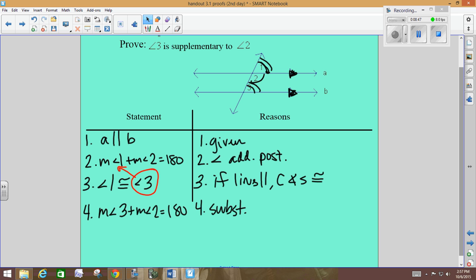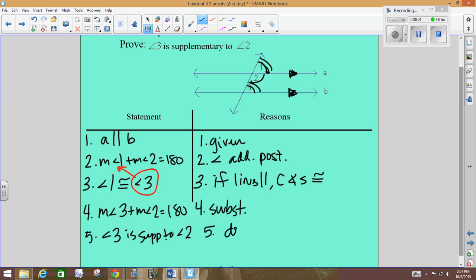The last step should always be verbatim, what this thing says. Well, if 3 plus 2 equals 180, are they supplementary? Okay, so we're going to say number 5 is supplementary to angle 2. And that's going to be by the definition of supplementary angles. 2 angles that add up to 180, we call them supplementary.